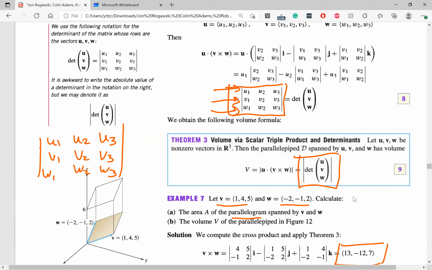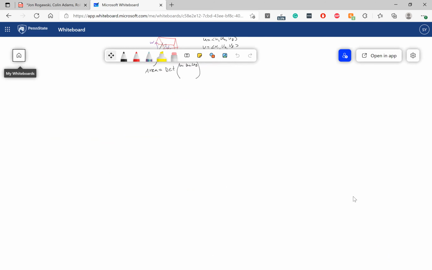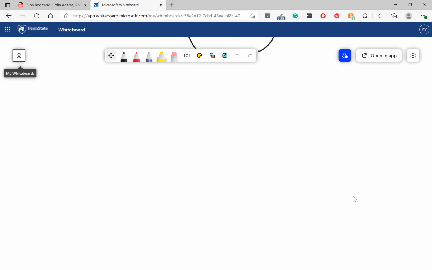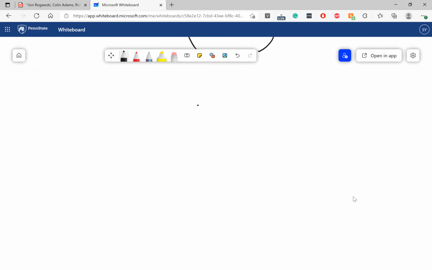Because you're taking the magnitude of the cross product, it doesn't matter which one goes first and which one goes second. The only difference between the vectors going on top or below is with this sign. So we know that V cross W, we know that this is equal to negative W. Okay, let me start anew.